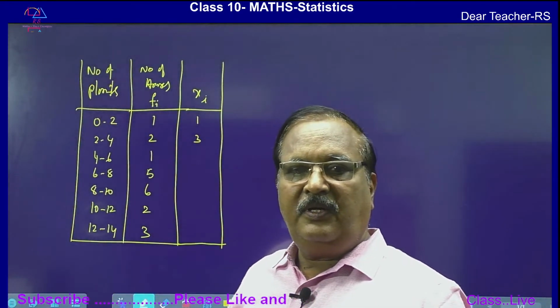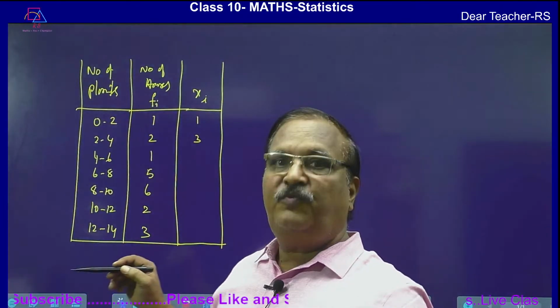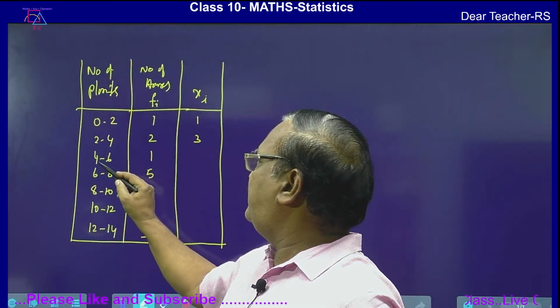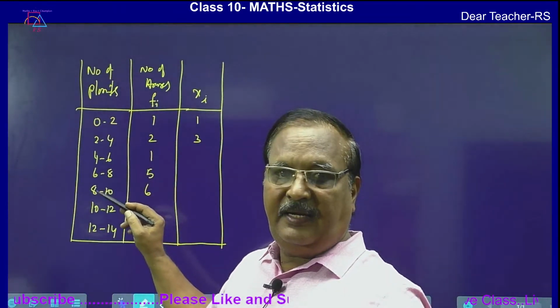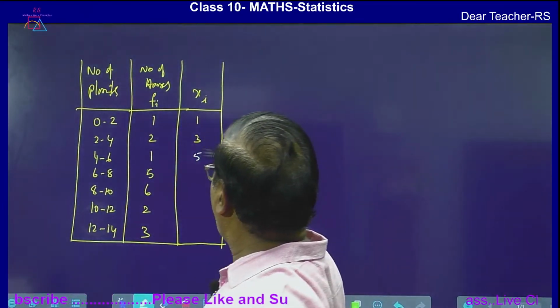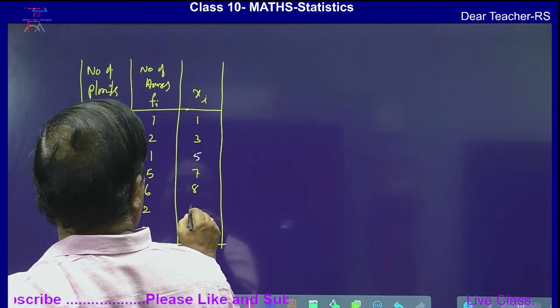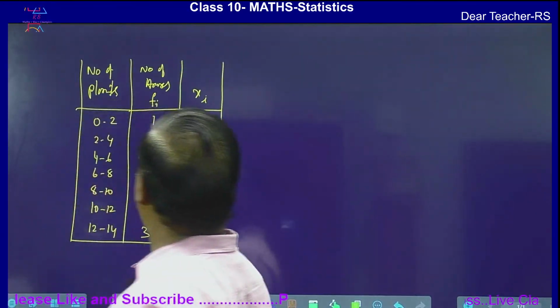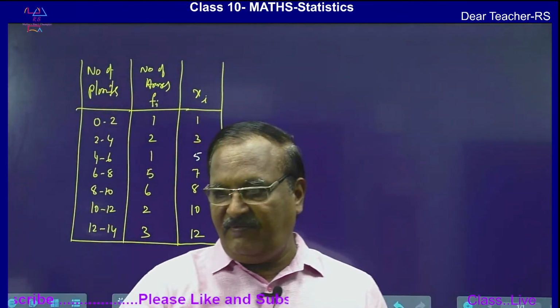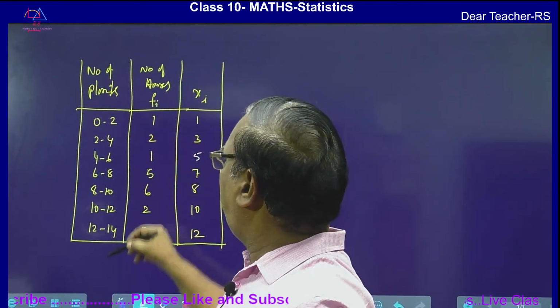So now 3 and 3 plus 2, 5. You can even check: 4 plus 6, 10, 10 by 2, 5. So you can add 2: 5, 7, 9, 11, 13. This is the mid value of the classes.